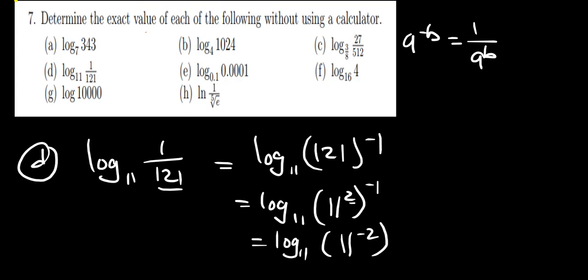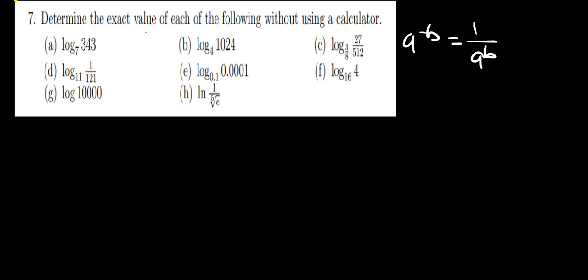By the laws of logarithms, we can drop this minus 2, so we're going to have minus 2 log base 11 of 11. Log base 11 of 11 is just 1, so minus 2 multiplied by 1 gives us minus 2. Alright, so that's how we can solve that one.